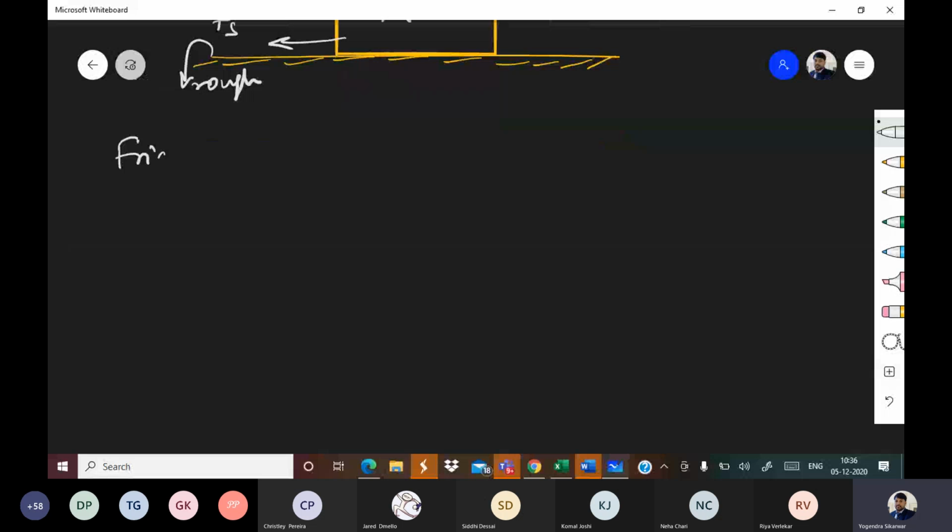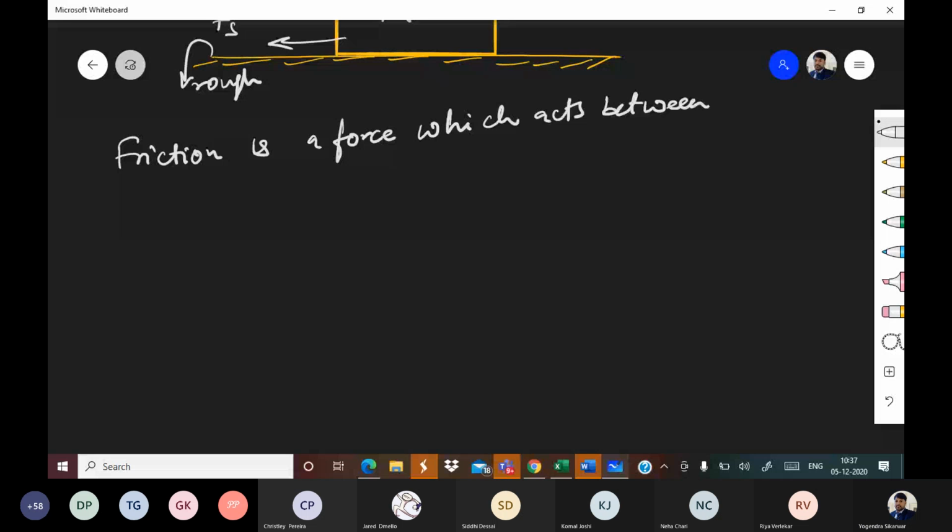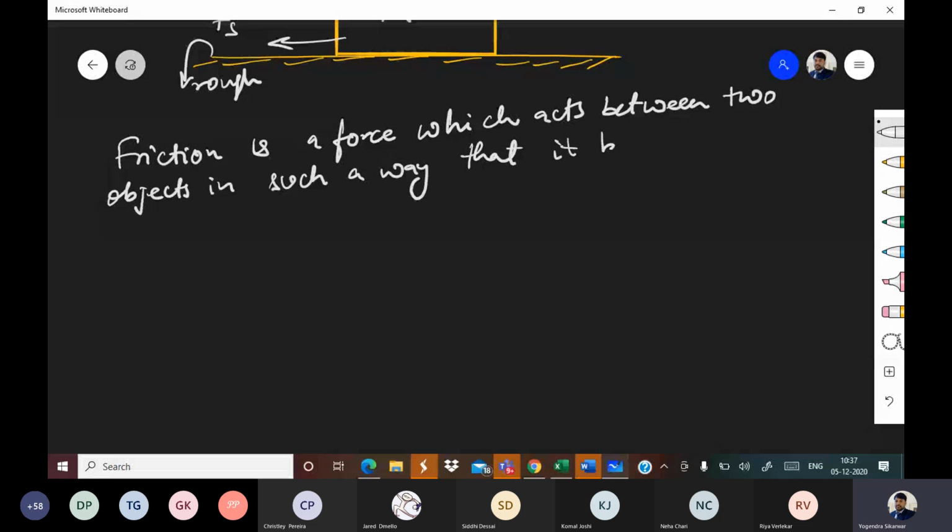So friction is a force which acts between two objects in such a way that it tries to oppose a relative motion.